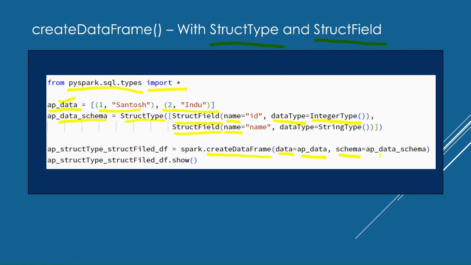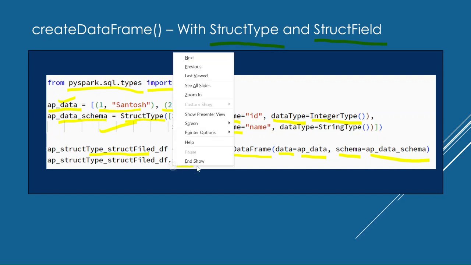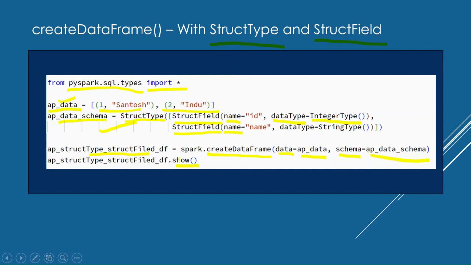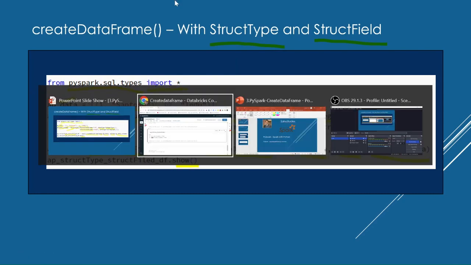Here we are passing the custom schema which we have defined with the help of StructType and StructField. When this data frame gets created, we are showing the content with the help of the show function. Let's see how it works in Databricks.